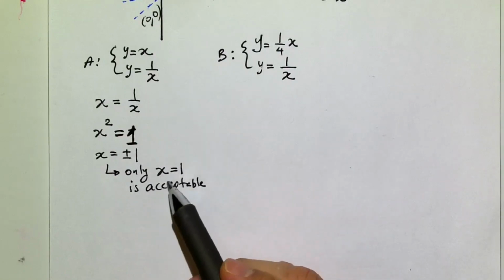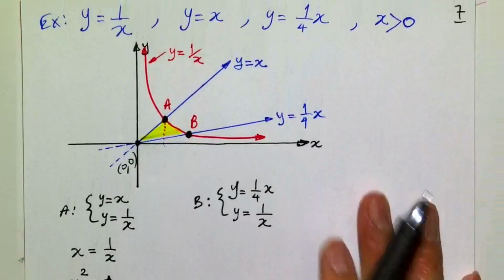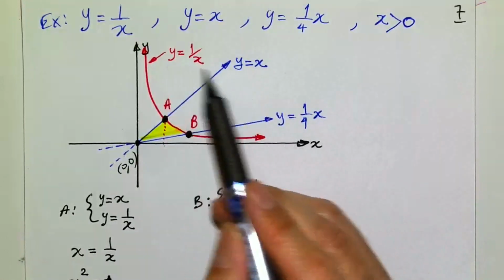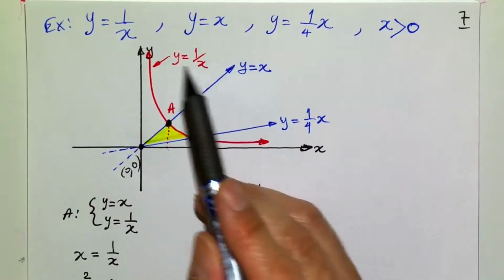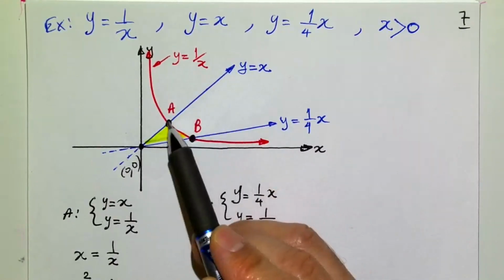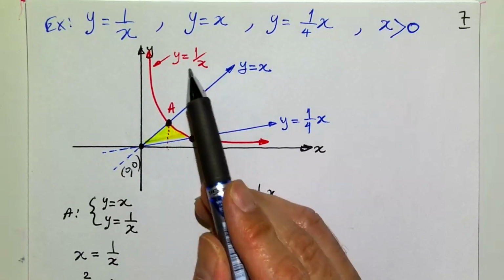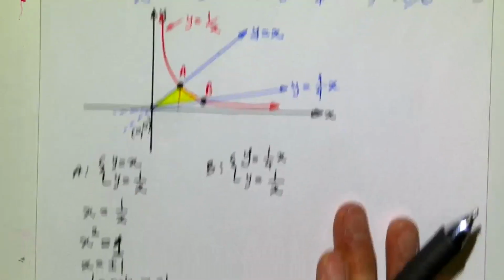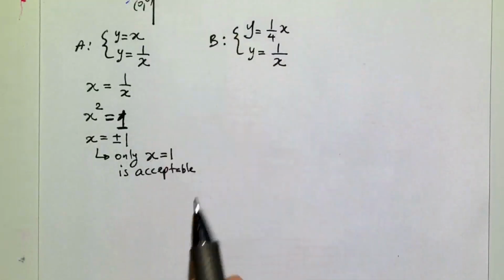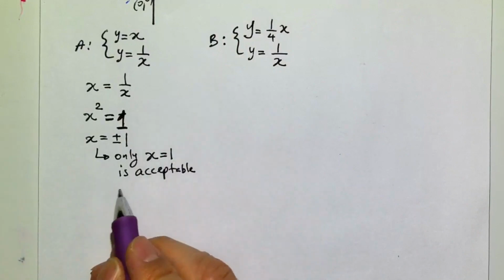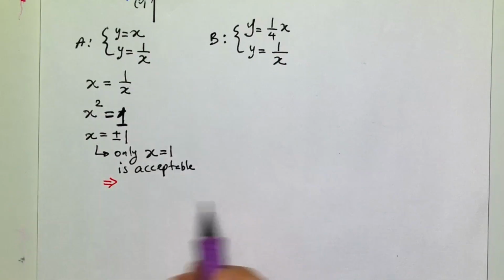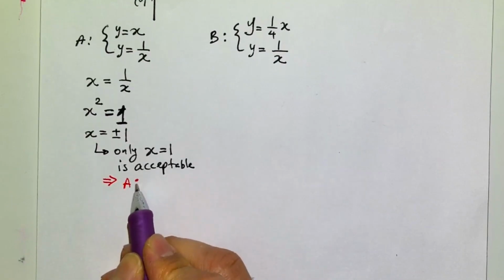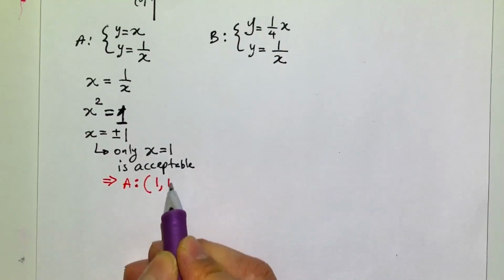Now, if you substitute that in these two equations, which form this intersection, you get y equals 1, right? So the coordinates of point A are 1, 1.